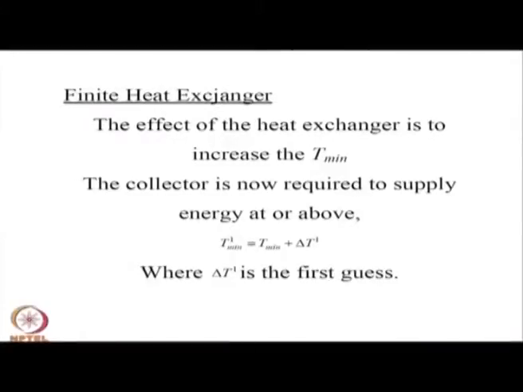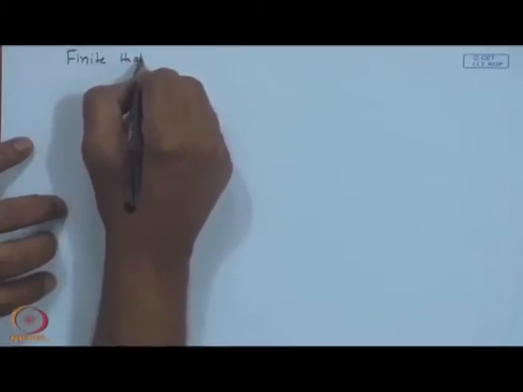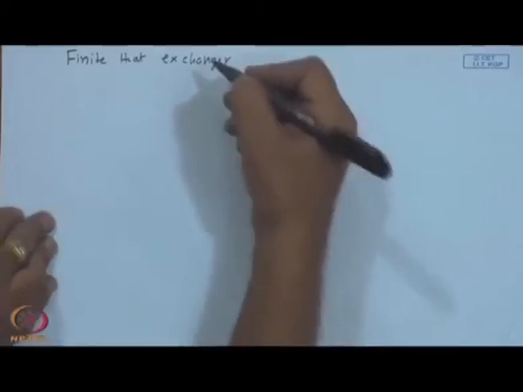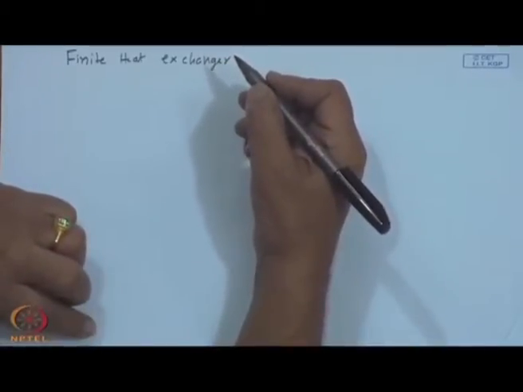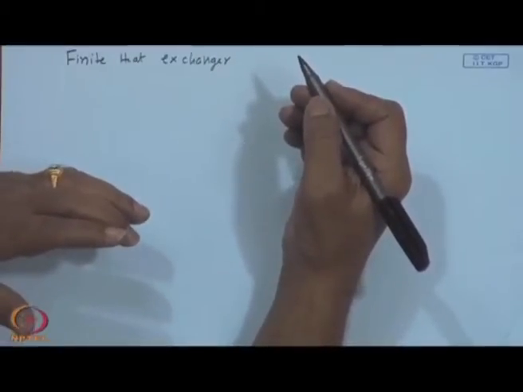Now, finite heat exchanger. If you want to briefly say how the tank losses are accounted for, but for the iterative process and guessing, we might say that the effect of the tank loss is to enhance the load on the system by the amount that the energy is lost from the tank. Now, if you have a heat exchanger, from the tank it goes to the heat exchanger to meet the load.